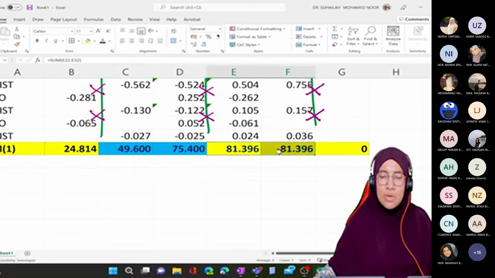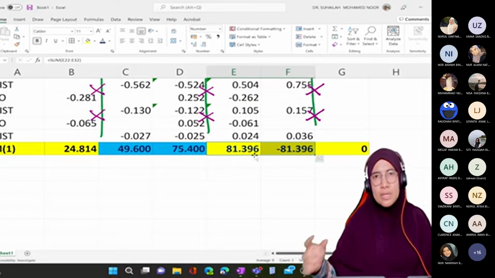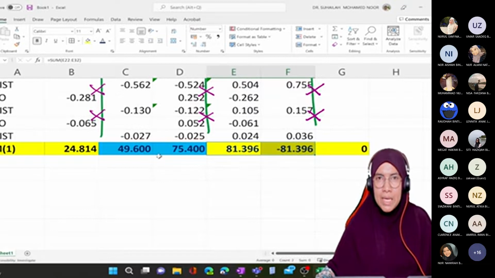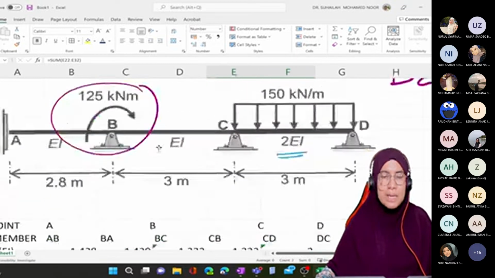Like this one, 81.396 and negative 81.396, because at C the moment is equal to 0 because it is a pin. But at B, even though it is a pin, there is an applied moment of 125 here.